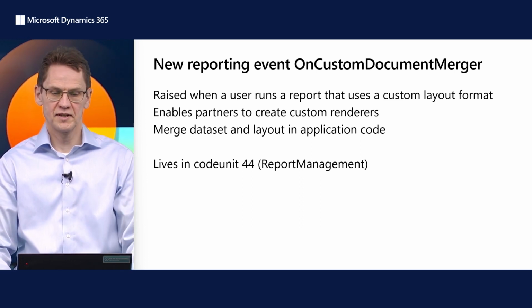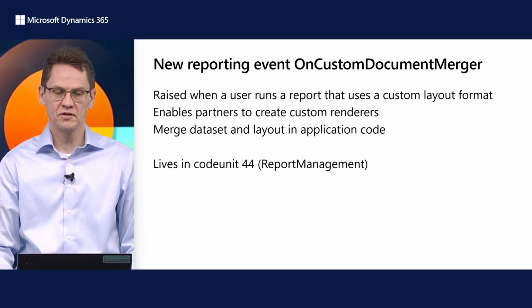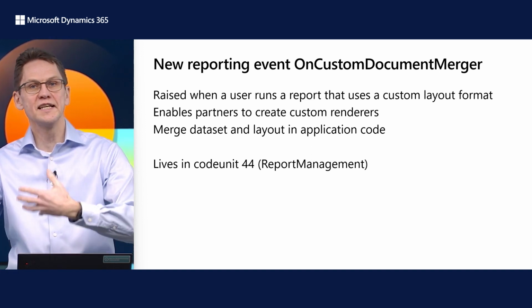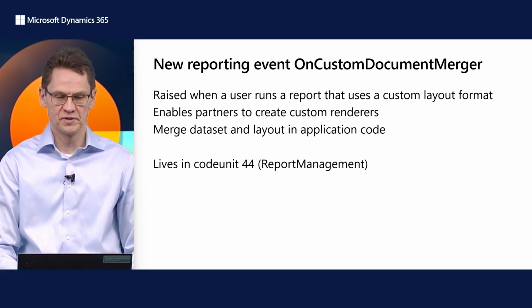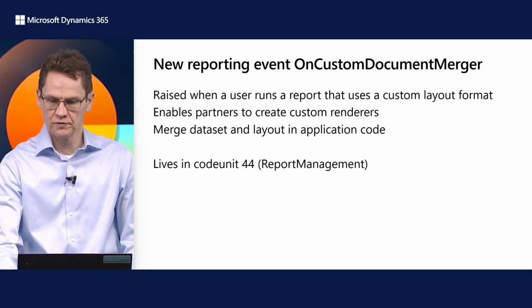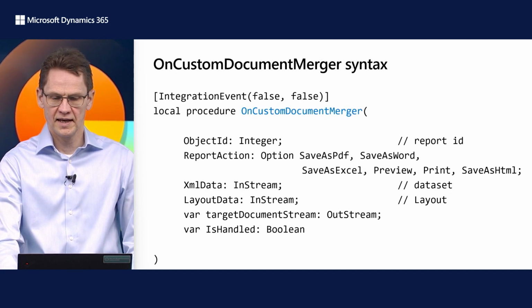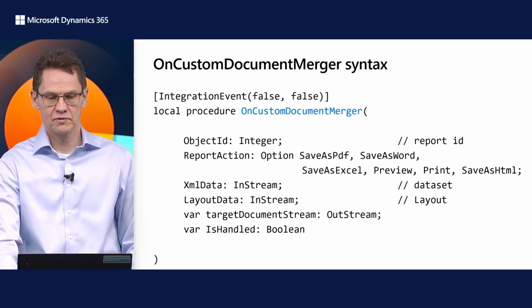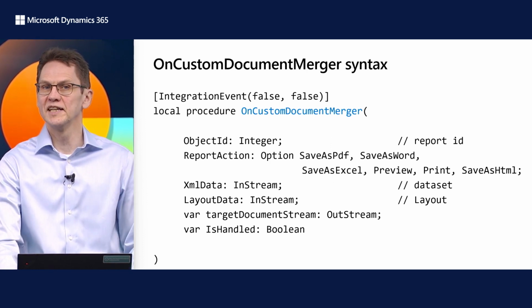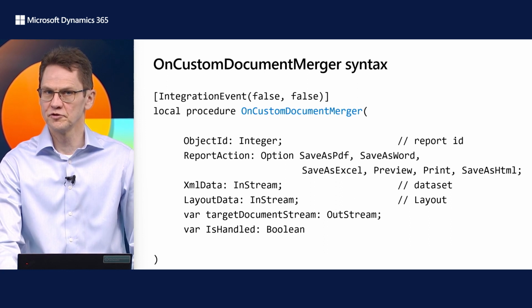So they will merge the dataset and layout in application code, and that way generate reports in the same way as the platform does. This event also lives in Code Unit 44, and it has a syntax where you get the XML data and the layout data, and you create a target document as a stream.